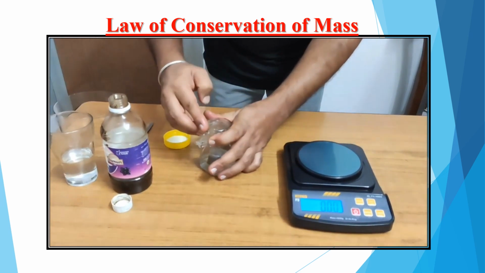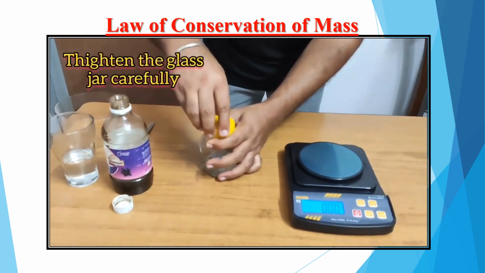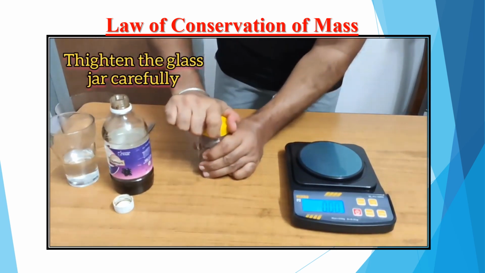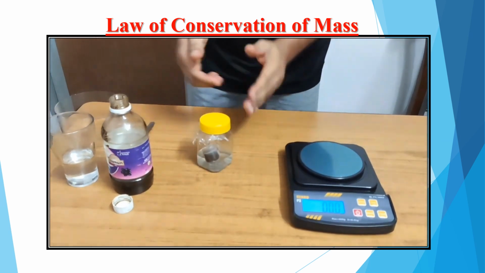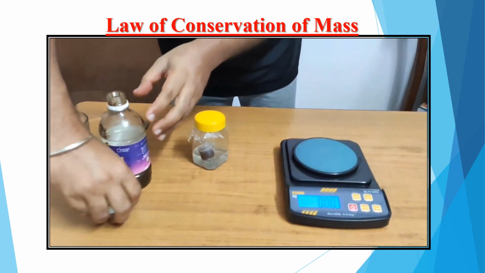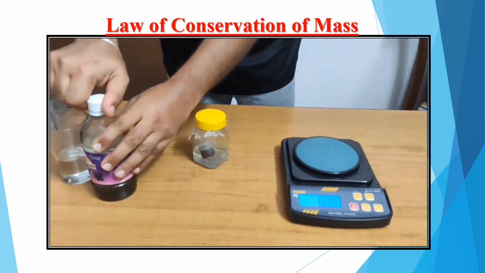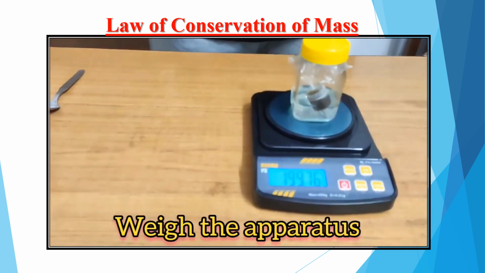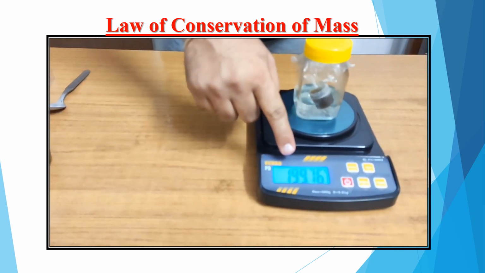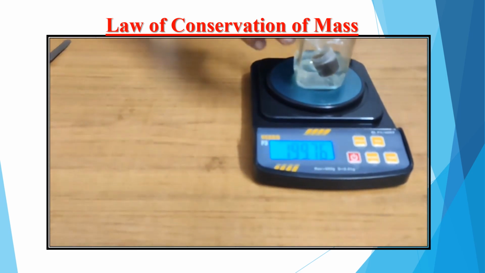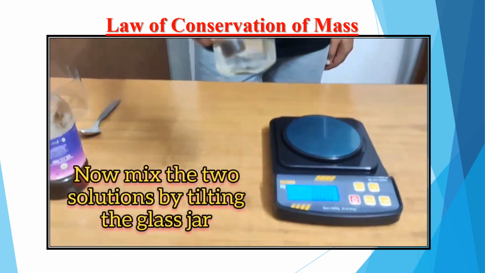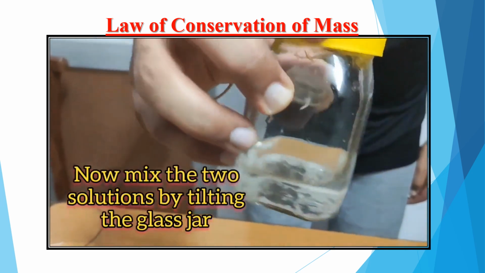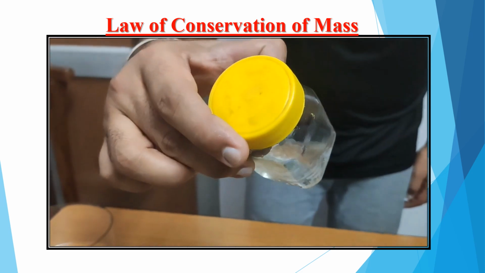Now close the glass jar and tighten it carefully. Then weigh the setup and note down the reading on the weighing machine. Now mix the two solutions by tilting the glass jar and observe it carefully.